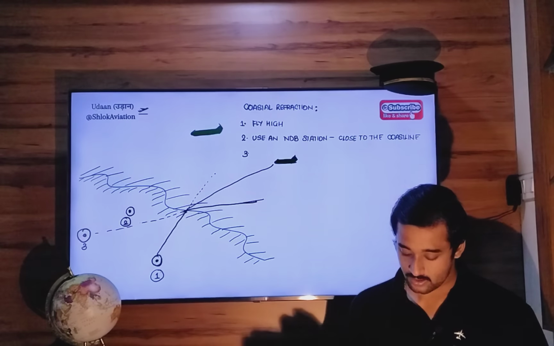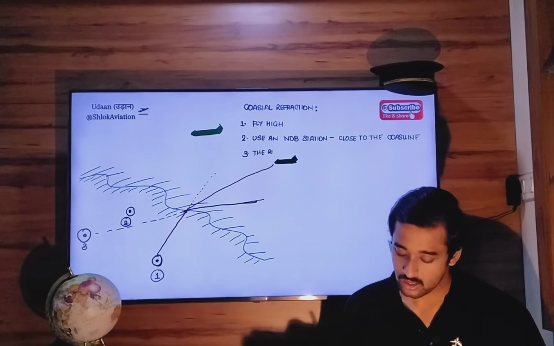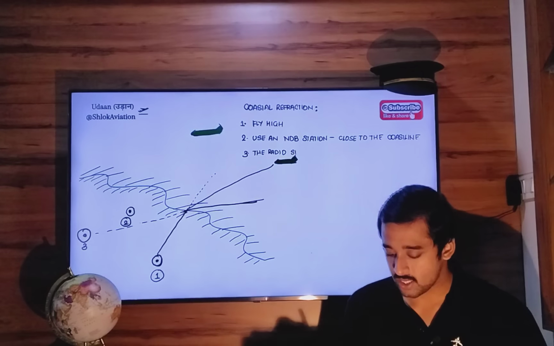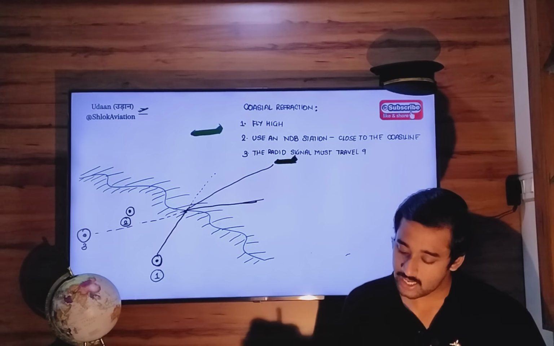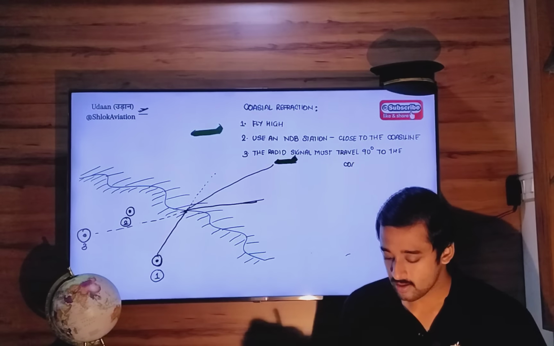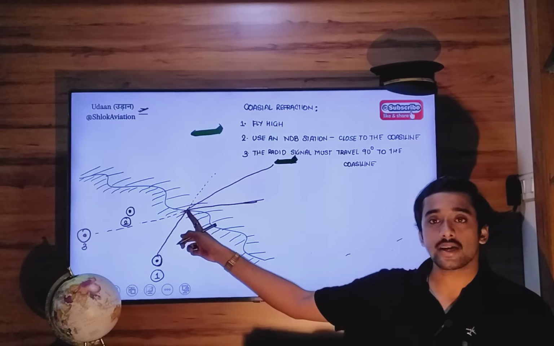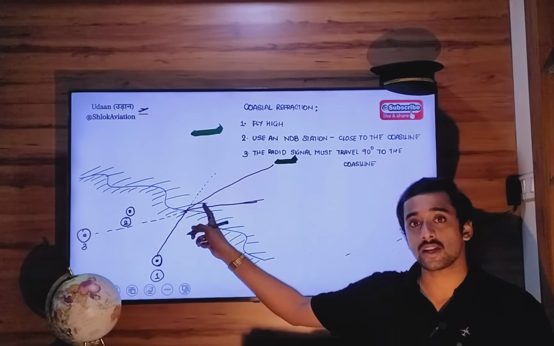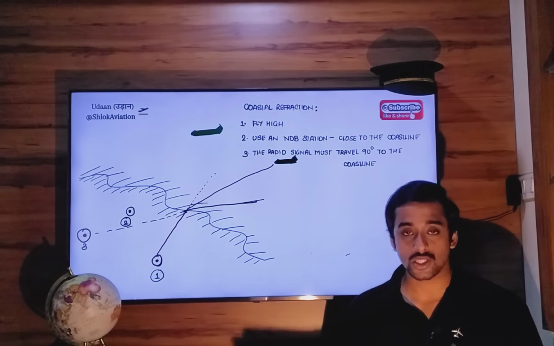Third, the radio signal must travel at 90 degrees, perpendicular to the coastline. Now this particular radio signal travels at an acute angle, and therefore it suffers refraction. But if the radio signal travels straight, there won't be any refraction. So this is one error, coastal refraction.